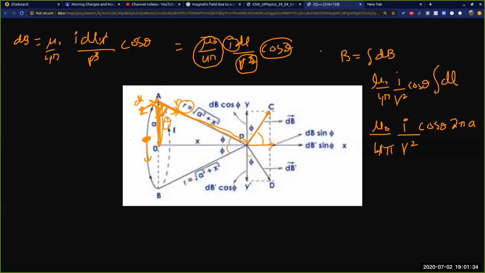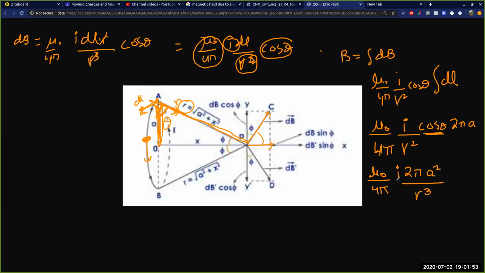Now in this diagram, cos theta is A by R, that is A by root over A square plus X square. So mu naught by 4 pi I times 2 pi A square by R cube.